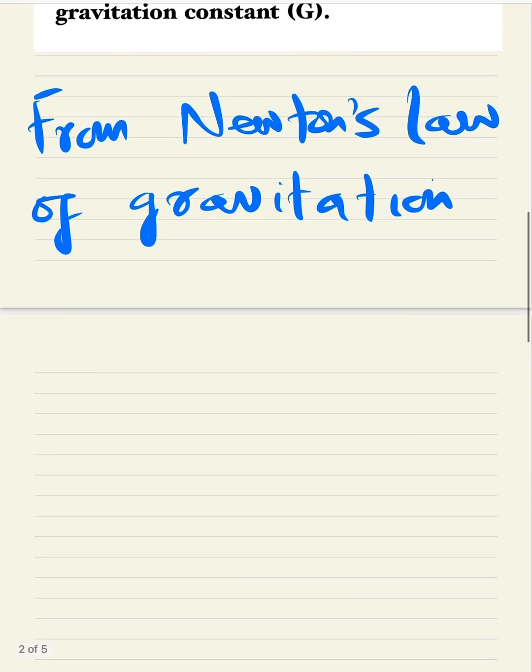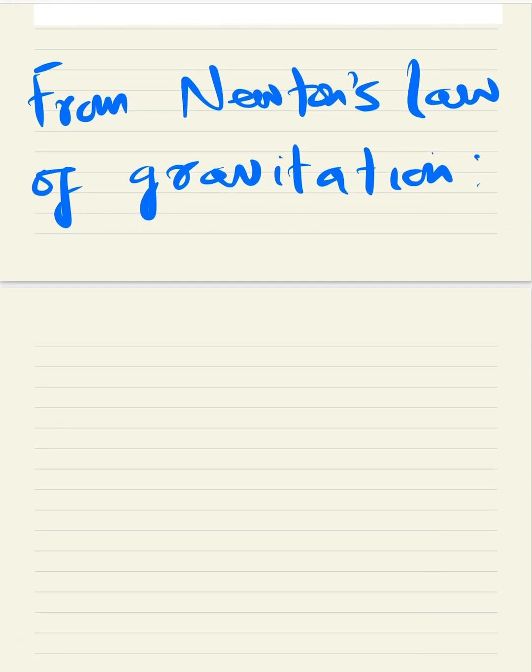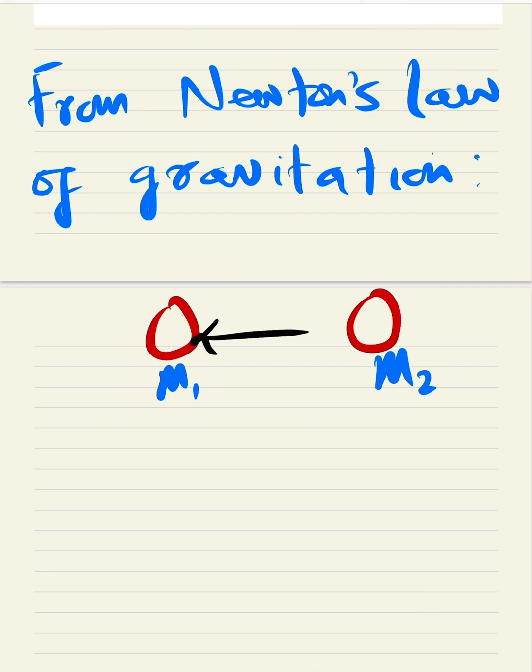we all know that from Newton's law of gravitation, we always have two masses, probably m1 and the second one m2, right? Then we say there is always a force of attraction or repulsion between these two masses, and we always use the distance between them as r.